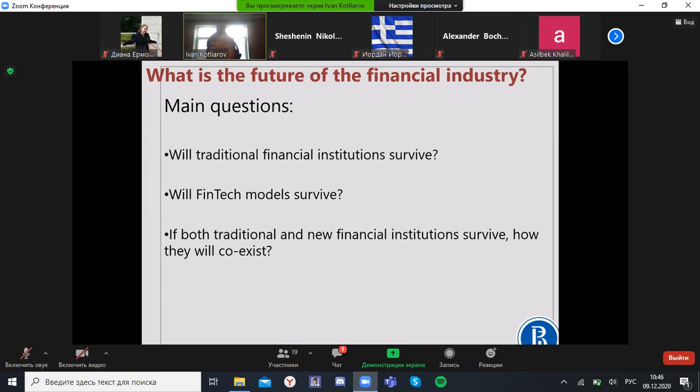And okay, if both traditional and new financial institutions survive, how will they coexist? Okay, ladies and gentlemen, we have already partially answered this question. We know that traditional financial institutions will include digital elements in their business models. Most probably, non-traditional financial institutions will include traditional elements, so they will combine both traditional and non-traditional elements in their business models.